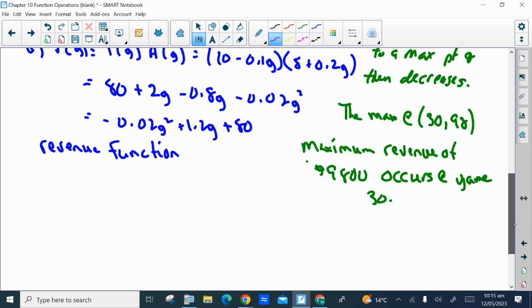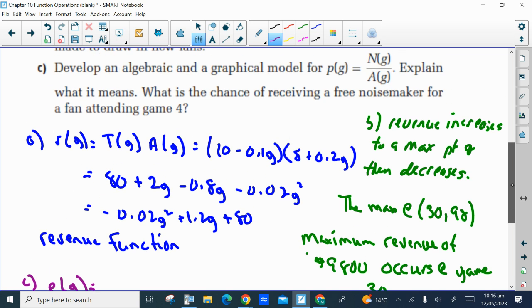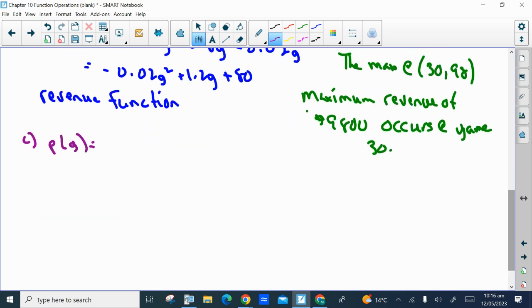And that's what P at G will actually represent. So let's see why. So part C, again, we want to do P at G. It equals, we are told, N at G over A at G. N at G, which is the number of noisemakers, 2 minus 0.05 G, over A at G, which is our attendance.